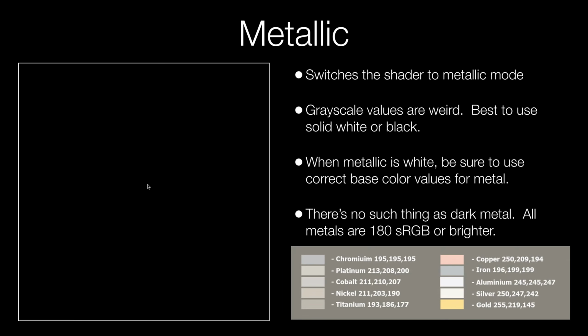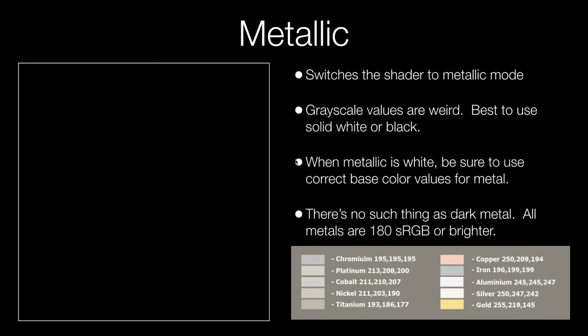And then there's one other thing to remember that's really important when dealing with metallic maps. So let's say that you painted your metallic all 100% white, so the surface is all metallic. Now, in your base color, you need to be very careful that you paint really nice, bright metal colors.